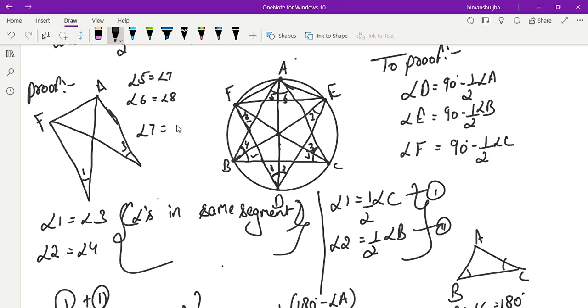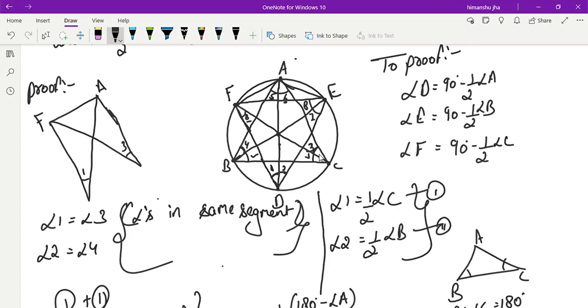Don't go this way. Just a sec. You have to take one angle from this mark. Let's say this 7, 8. Okay, 7, 8.